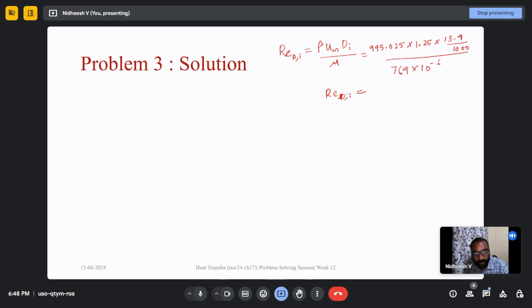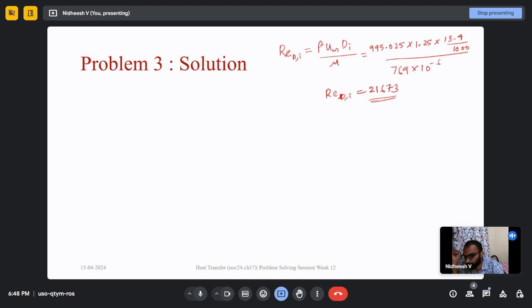What are the units for Reynolds number? Reynolds number doesn't have any units, right? It is a dimensionless parameter. So for flow through tubes, if we get a Reynolds number greater than 2300, 2500, we can say that it is in a turbulent regime, right?